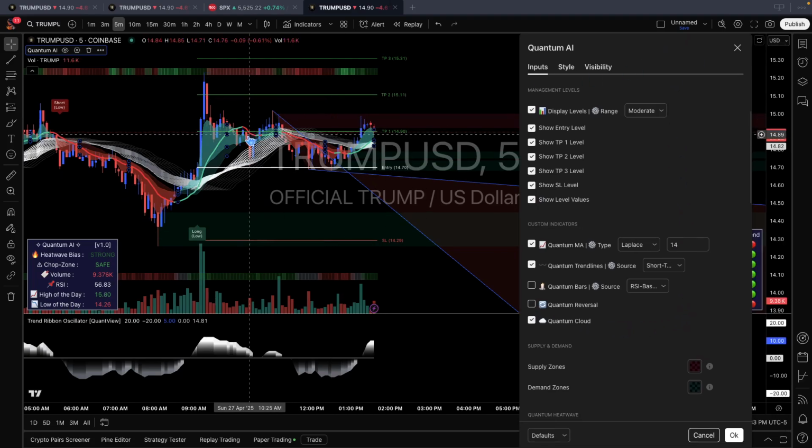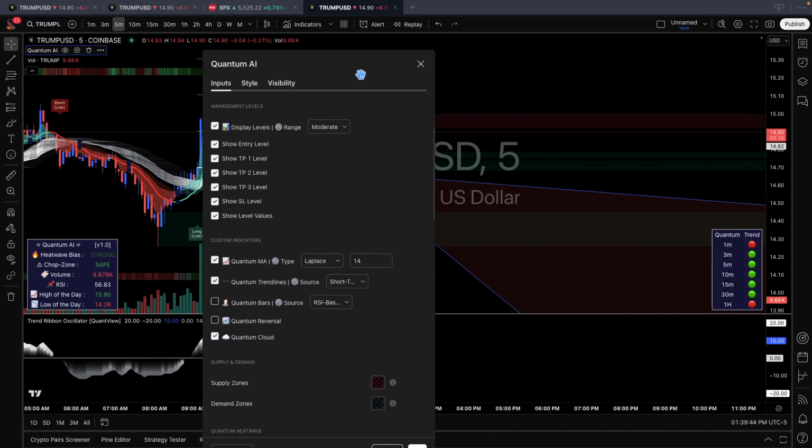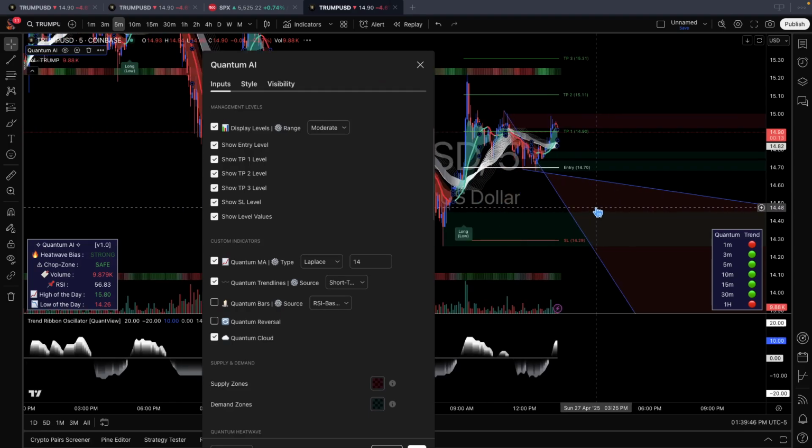The quantum cloud is the green and the red cloud. You see, we're gonna get rid of this ribbon, by the way. I'm gonna show you how to do that. So leave the quantum cloud on. Now, actually I'm gonna turn the trend lines off for a second.